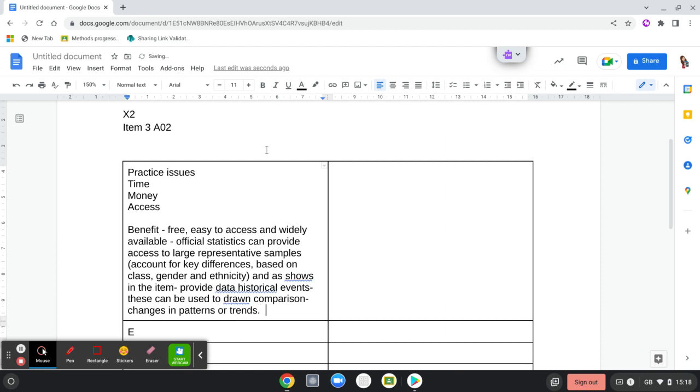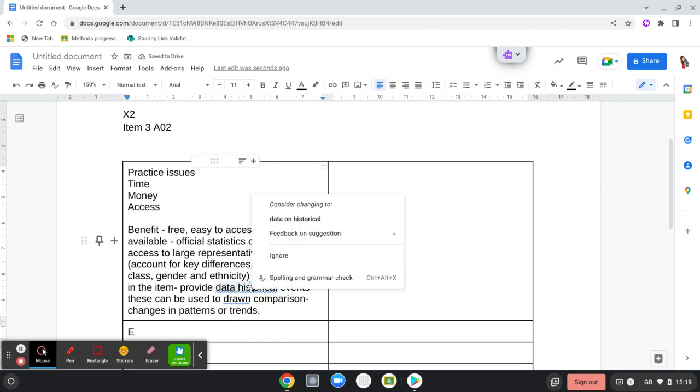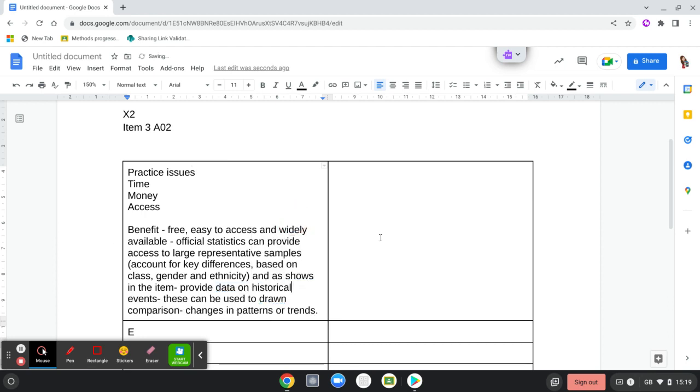Now you haven't got the item there, but it was hinting at historical comparisons, hence why I've used it there. It's because we're kind of running out of room.